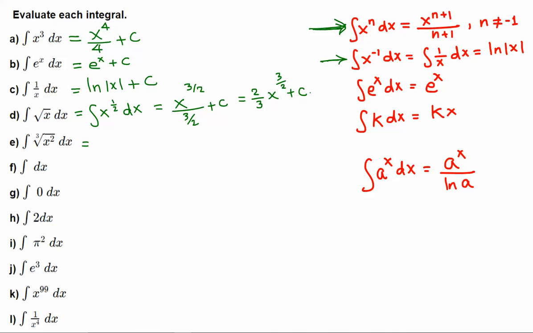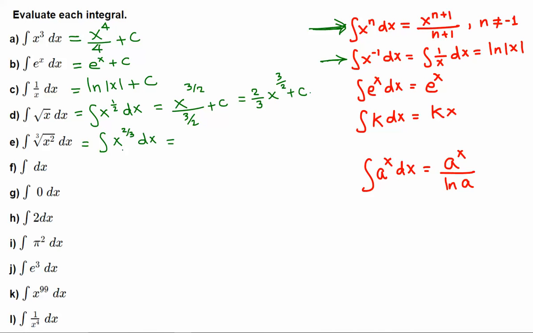Part E, similar to D, the cube root of x squared. Let's get rid of this cube root. Then it is x raised to 2/3, since the cube root means we put 3 on the bottom, with the 2 already there.